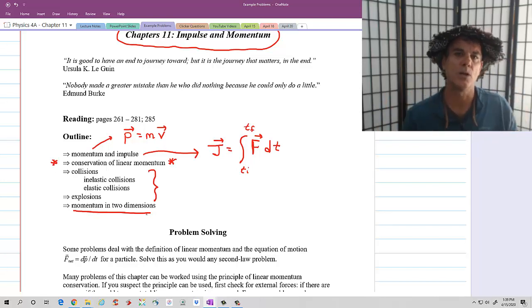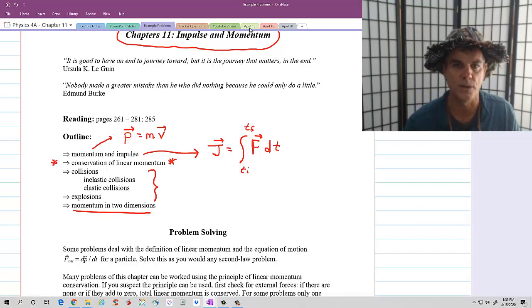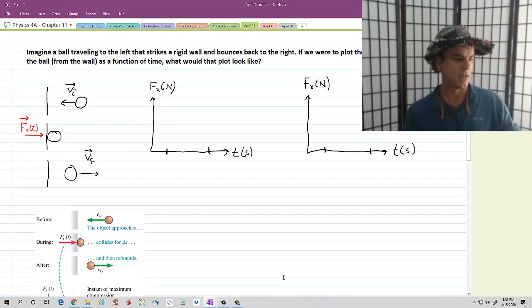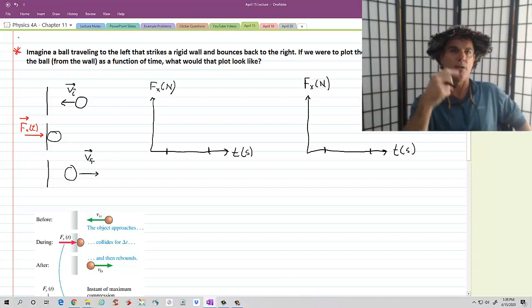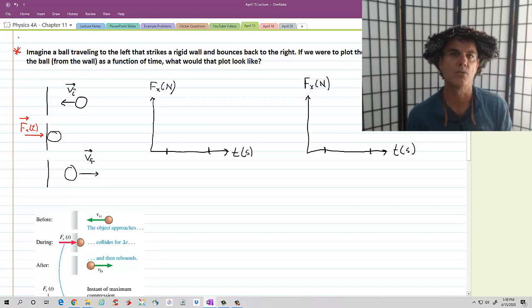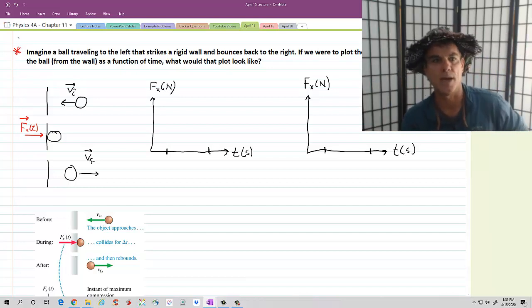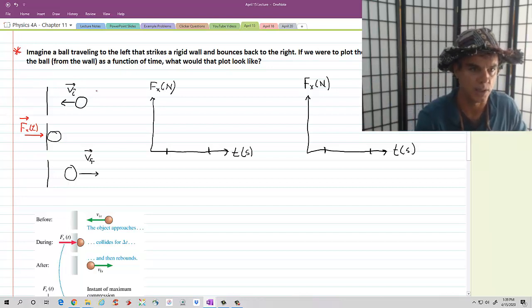Okay, so what I want to do is start off with a question for you. I have it written right up here. Imagine I have a ball which is traveling to the left, it strikes a rigid wall, and then bounces back to the right.